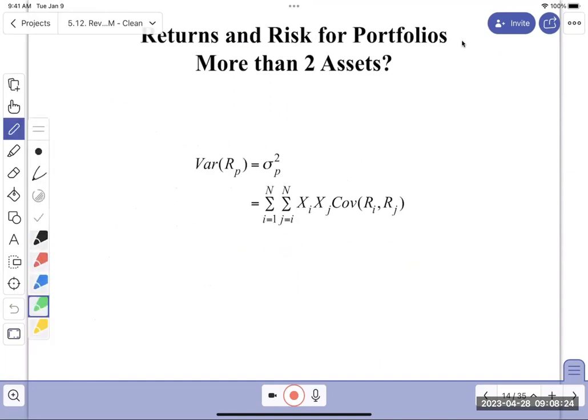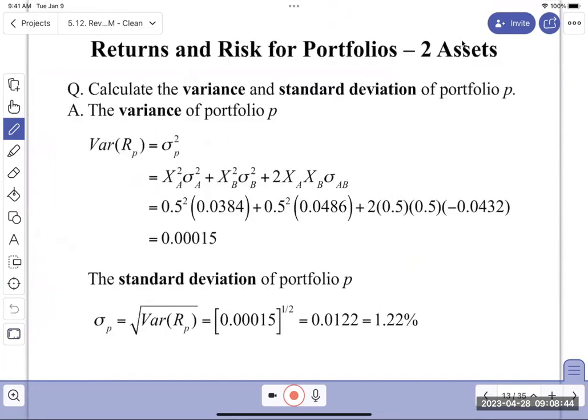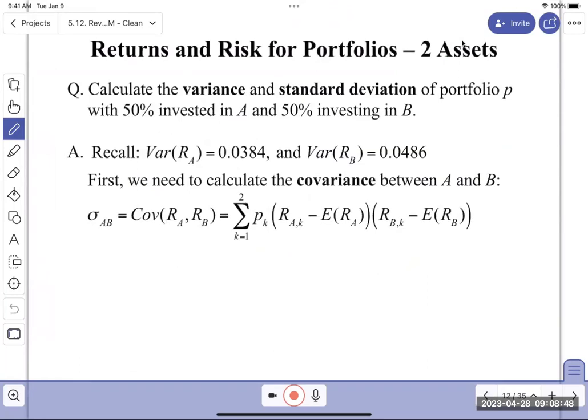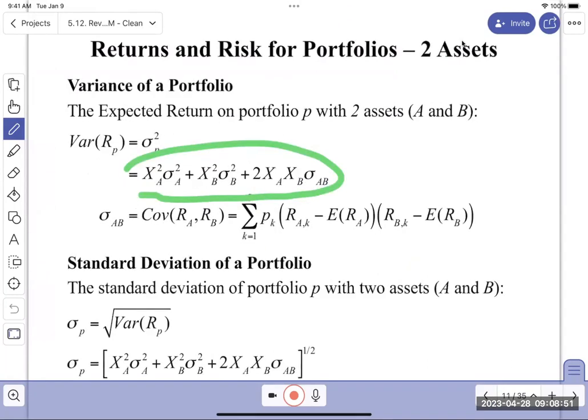So this basically says, use the matrix approach to get the formula. Now for two assets, we already have the formula, and it looks like that.